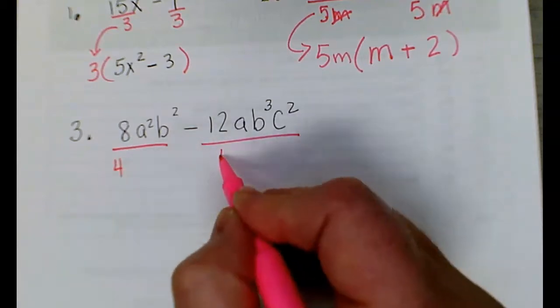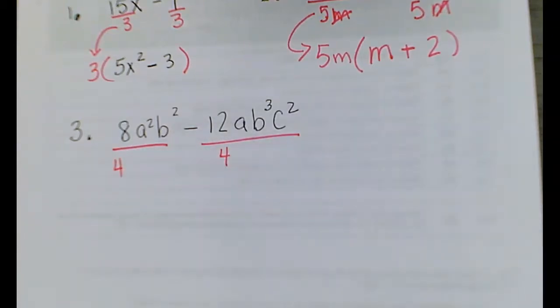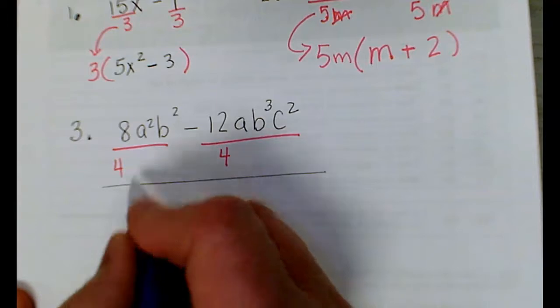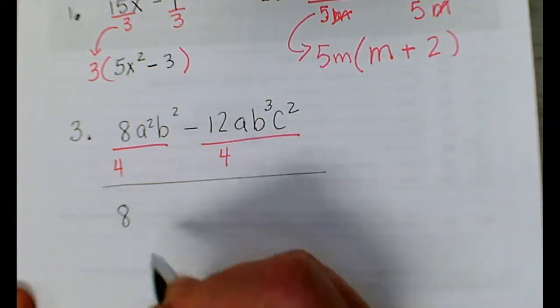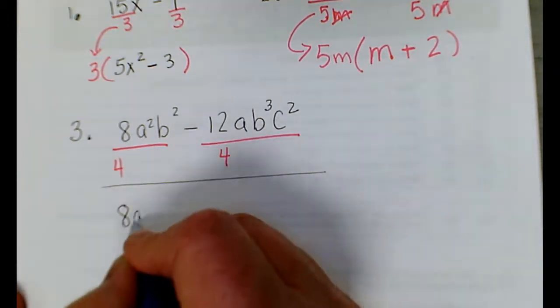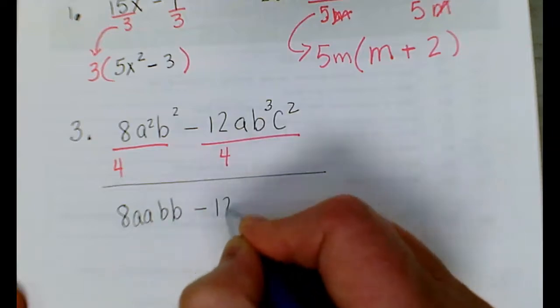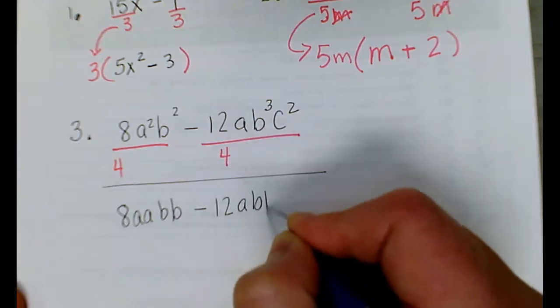Oh, wait, I wanted to do something before I did that. And so then we got to have all those exponents. Before I did that, I wanted to do what's called expand the exponents to help you understand a little better what's going to be going on with the exponents. We'll come back to the 4 in just a minute.